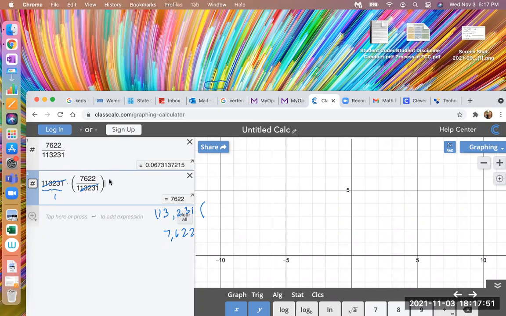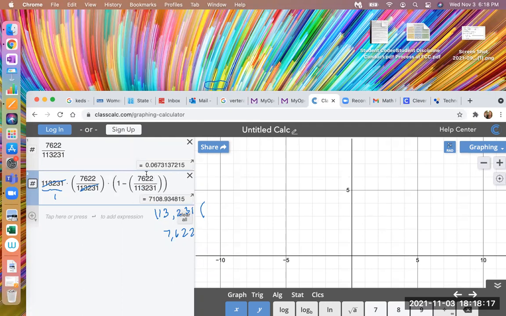Times 1 minus, and it's in parentheses, 7622 divided by 113231 in parentheses. Okay, there we go.